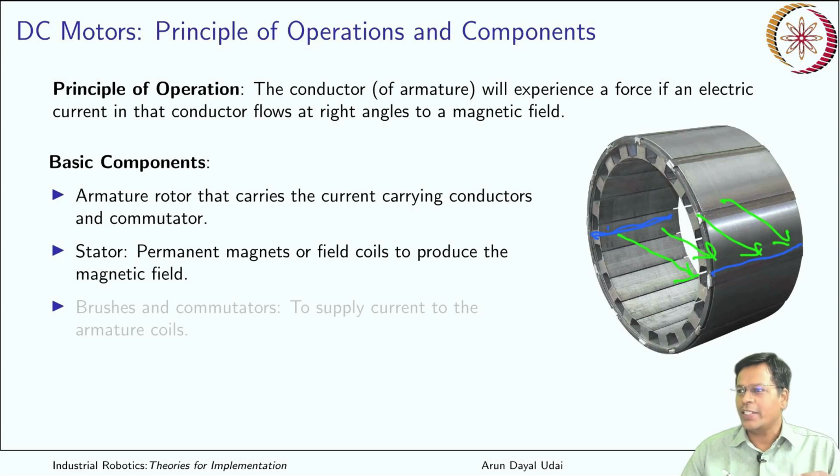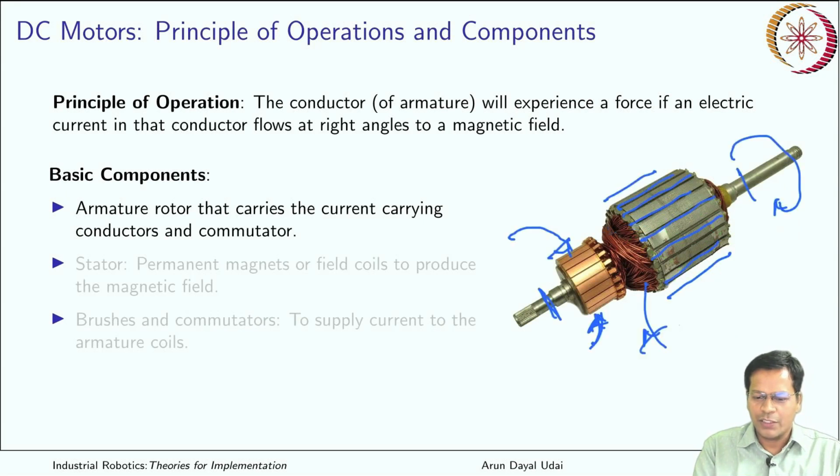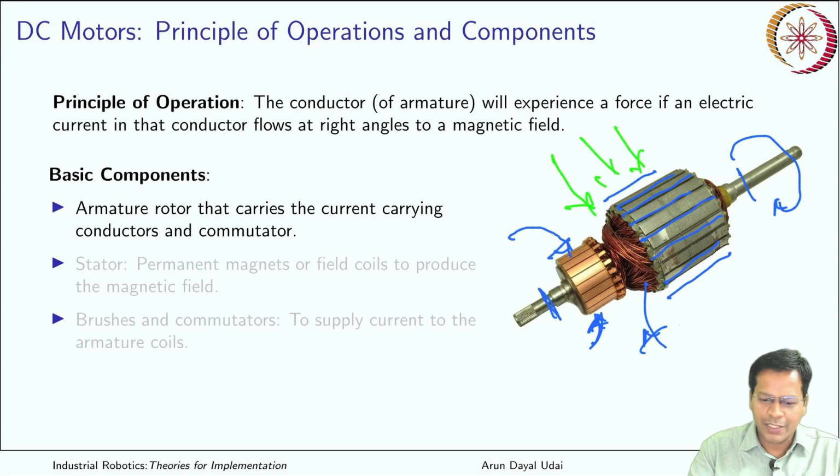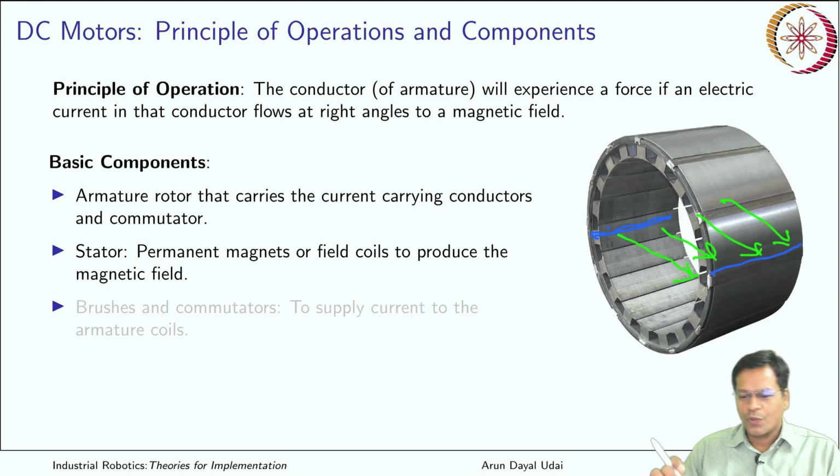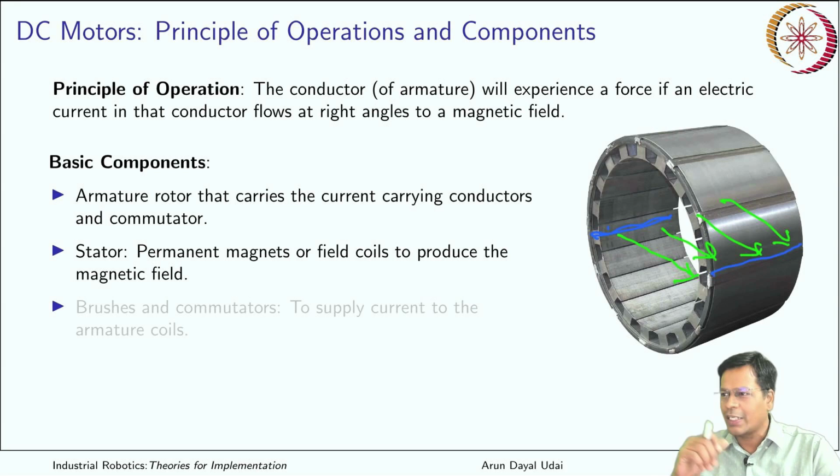Once you place this armature here, this will be the direction of your field and these are the directions of your current carrying conductors. Okay, so now you got the picture of how Fleming's left hand rule is going to apply and create some sort of torque. You will see it in much more detail now.